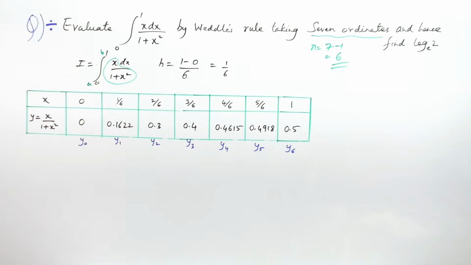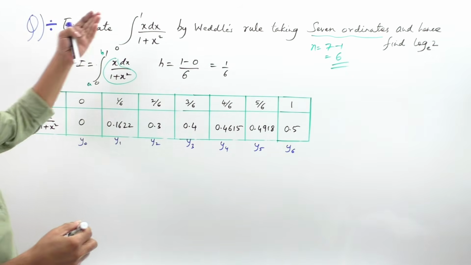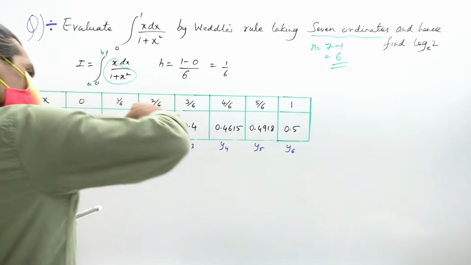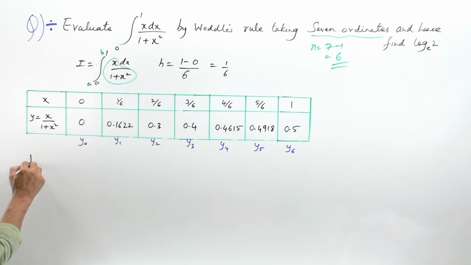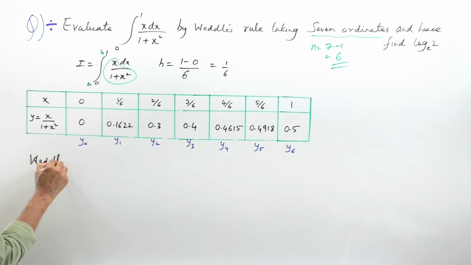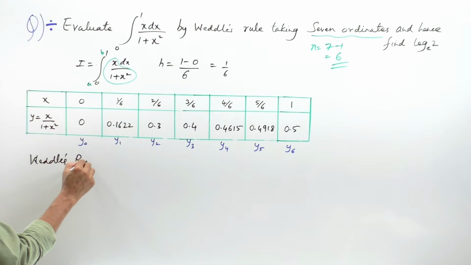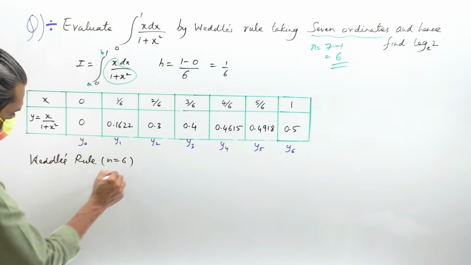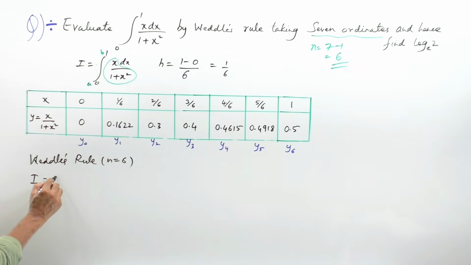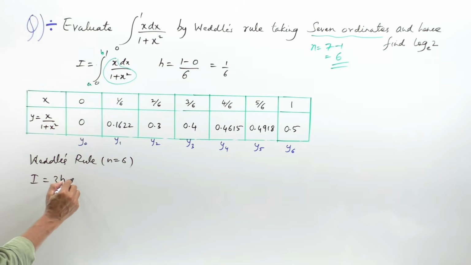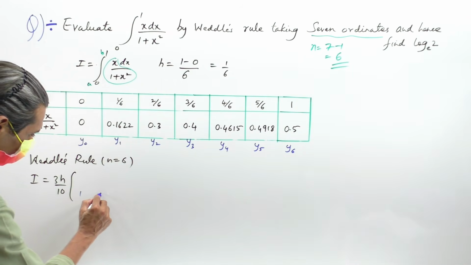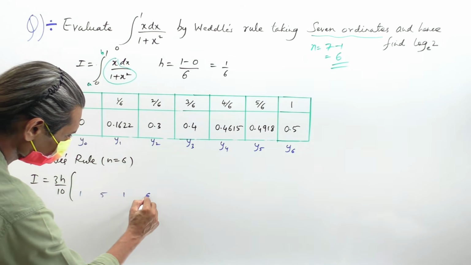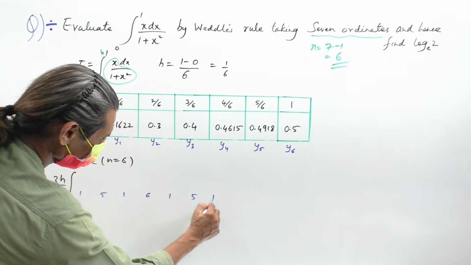Beautiful. Now we need to evaluate using Weddle's rule, which I discussed a while ago. The Weddle's rule for n equal to 6 is I equals 3h over 10 into... So what did I tell you? Please recall the simple sequence: 1, 5, 1, 6, 1, 5, 1.